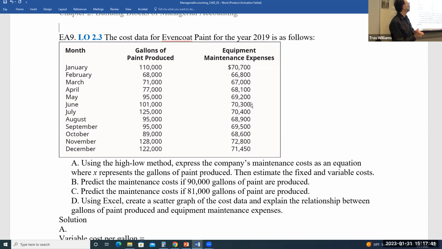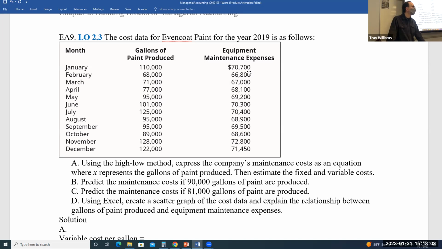So here we have maintenance costs for a company for every month over the past year, right? We see their production in gallons of paint, and we see the total cost. But these are mixed costs, so they include a fixed component and a variable component.